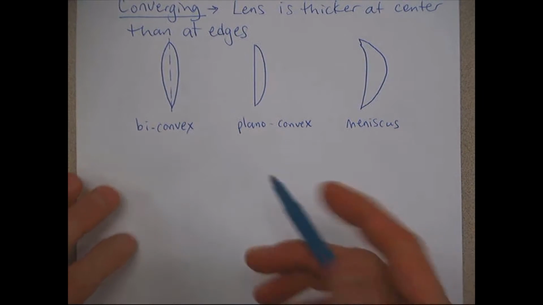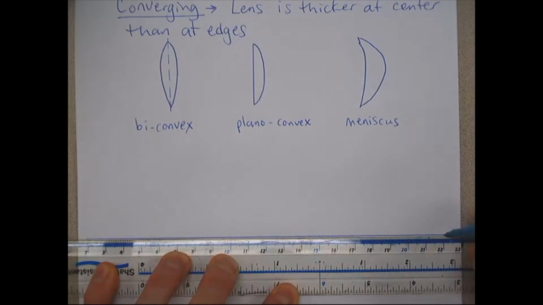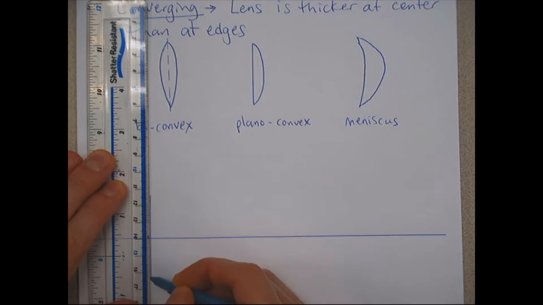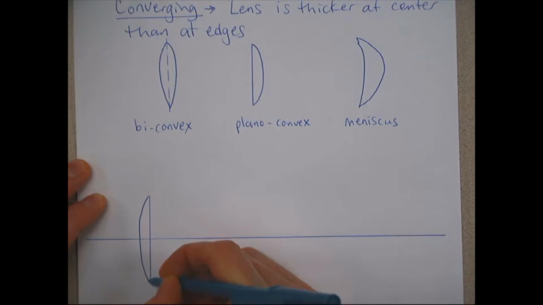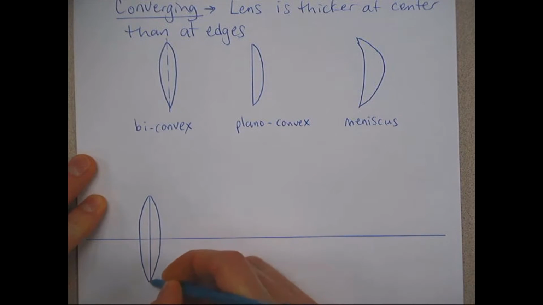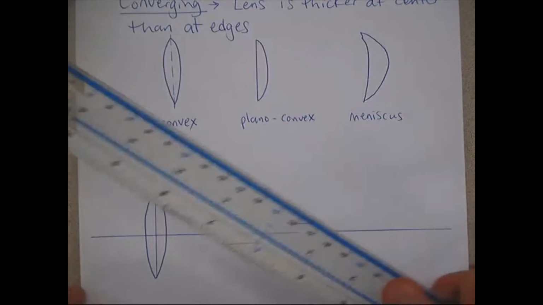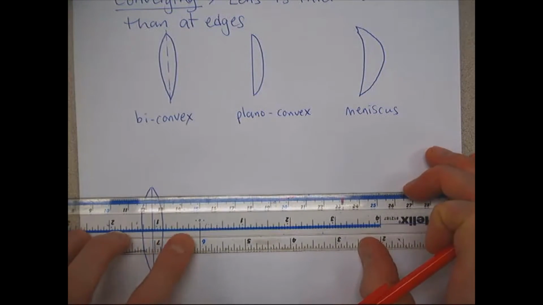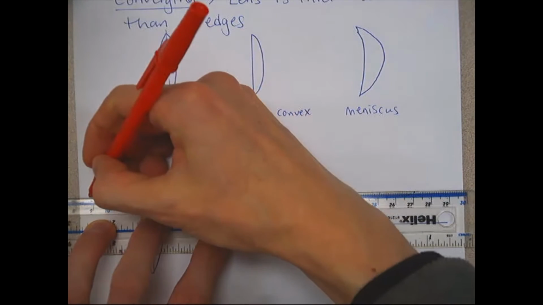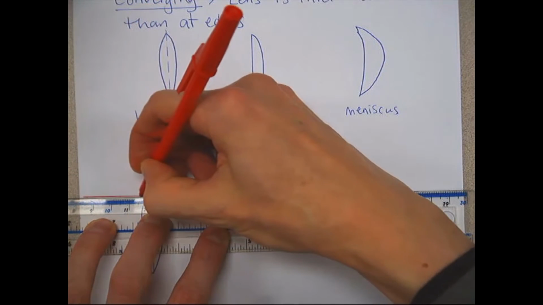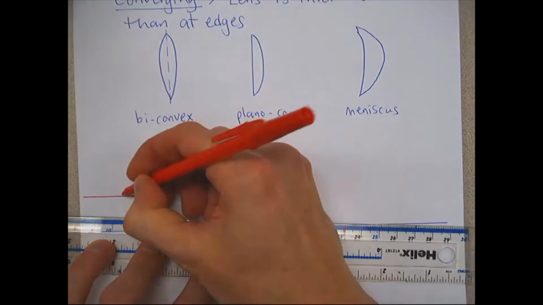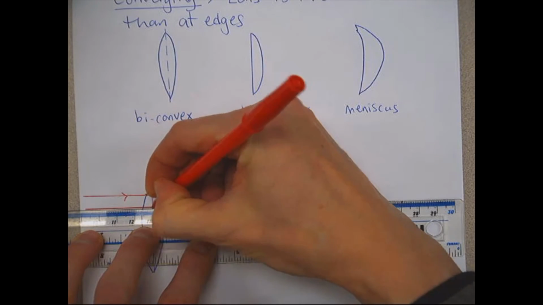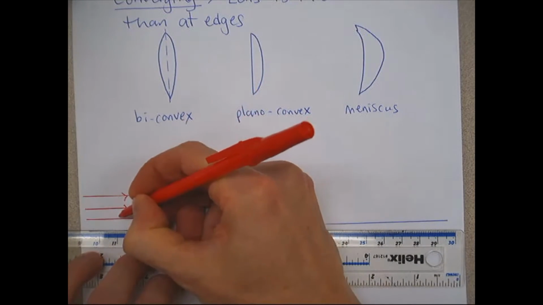So the behavior is such that if we send in light waves that are modeled as these linear rays, as we've done throughout the early optics discussions.